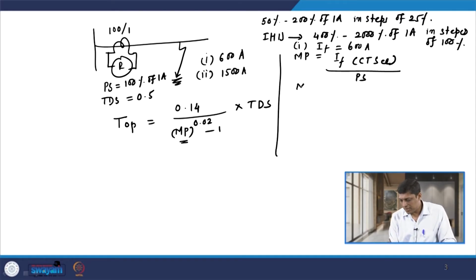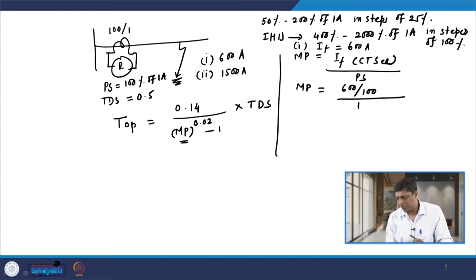So, the fault current is 600 ampere, and when it is referred to the CT secondary side, it is 600 divided by the CT ratio, that is 100, and divided by the plug setting of the relay. The plug setting of the relay is given as 100% of 1 ampere, so that is 1 ampere. So, the multiple of pickup current comes out to be 6.